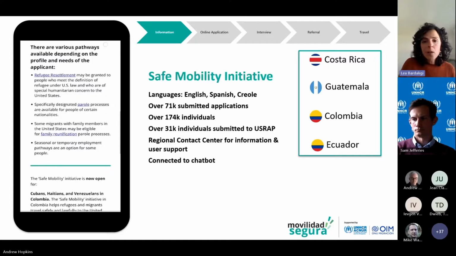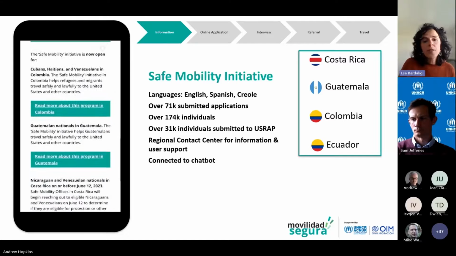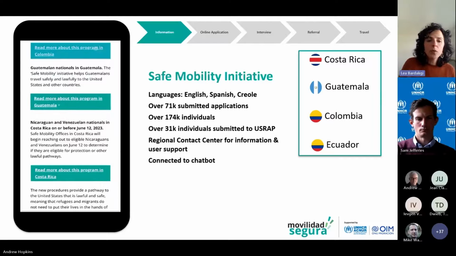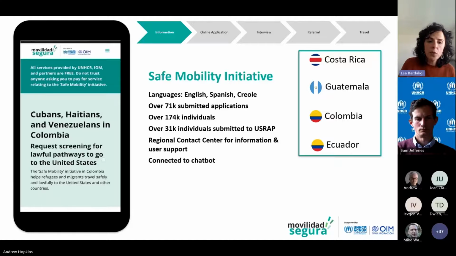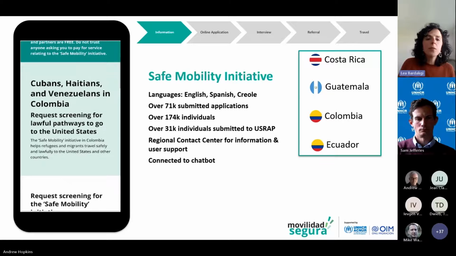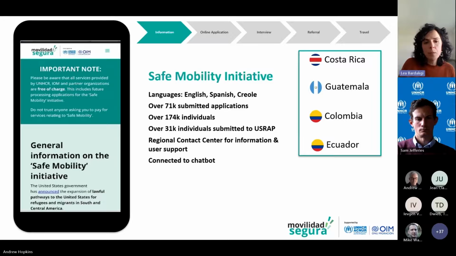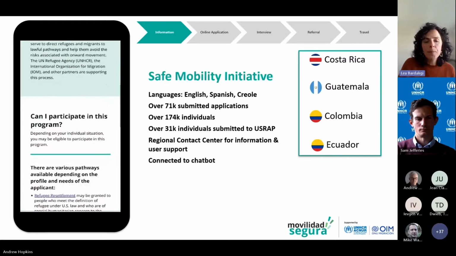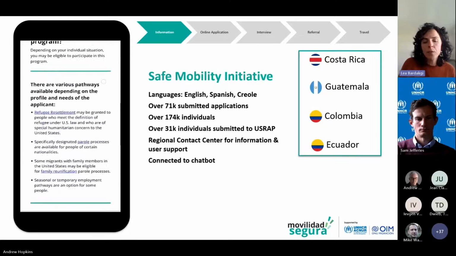So up until now, we've had over 71,000 submitted applications, and that's a total of 174,000 individuals. Out of those, 31,000 were submitted for resettlement to the United States. So that really improved access to legal pathways to the US.